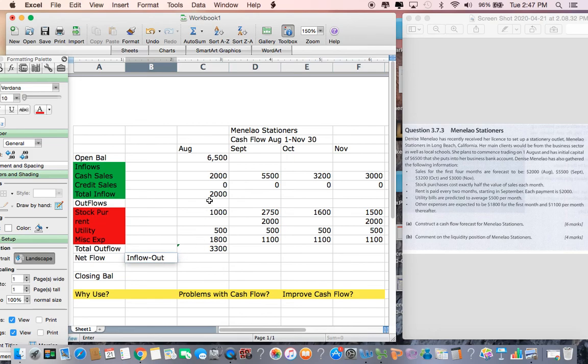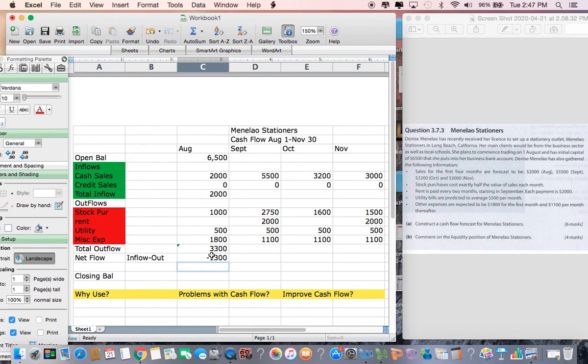So if I take $2,000 and subtract it from 3,300, I get a number that I'm not going to like too much. This would be, well, let me do this. I don't know if it'll let me. Oh, it does. This would be a negative flow for this month.